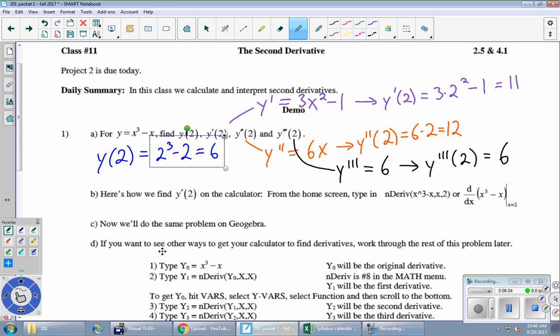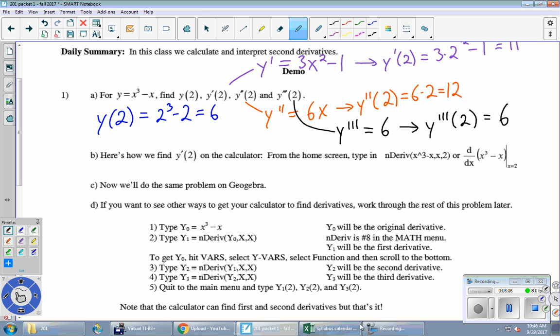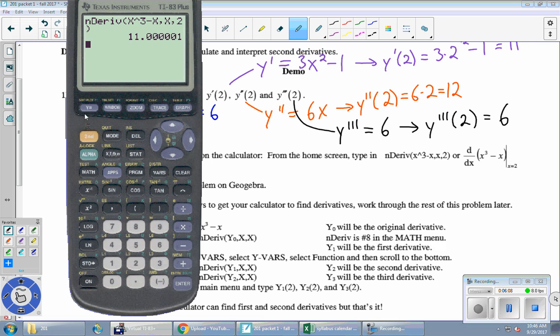Okay, we're not going to do GeoGebra, we're just going to do the other option here. Again, you can check out the commands later on. But I'm going to type in the original function way down here in y0. So that was, again, x cubed minus x. And then up here in y1, I'm going to tell it to take the derivative. So it's, again, math and then number 8, same command that we had before. But I'm not going to type x cubed minus x. I'm just going to tell it where that function is.